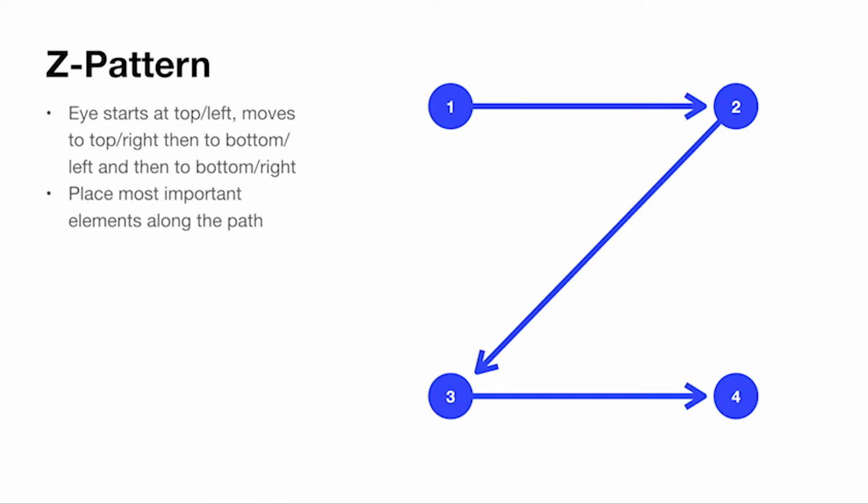This is based on the normal reading pattern for a lot of English style reading, and in many other countries that read from top left and over, and you snake down the page. The objective of the Z pattern is to place the most important elements along the path. It's good for simple design with a few key elements that need to be seen.